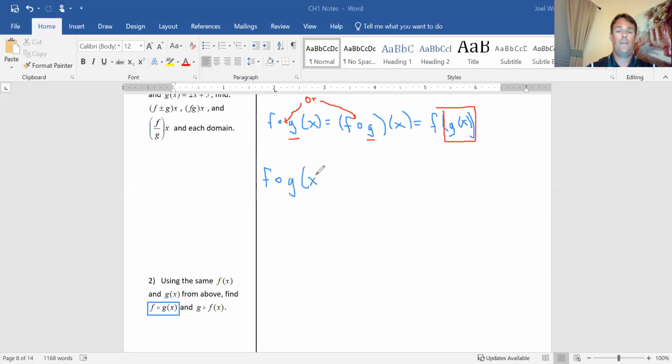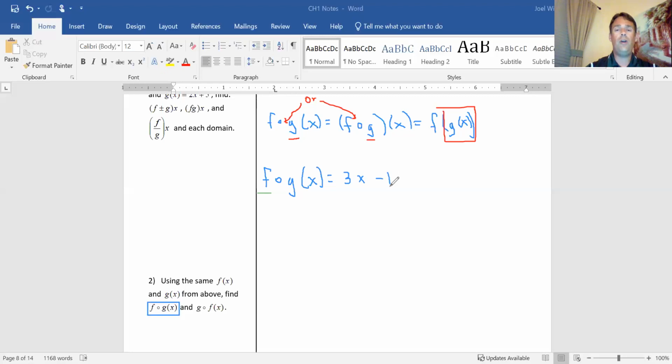So the first thing I recommend doing is you always want to take your f function, your outside function. So I'm going to take this outside function here and write it out. The outside function was 3x minus 1.